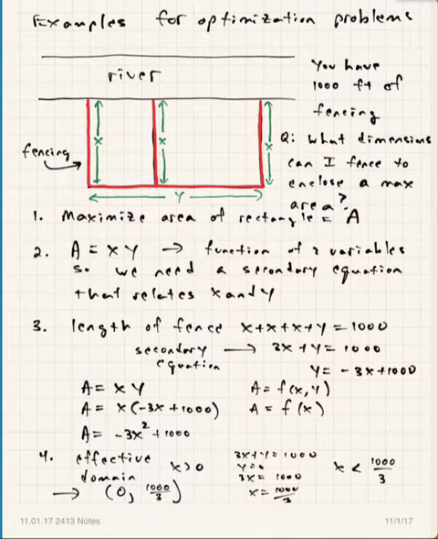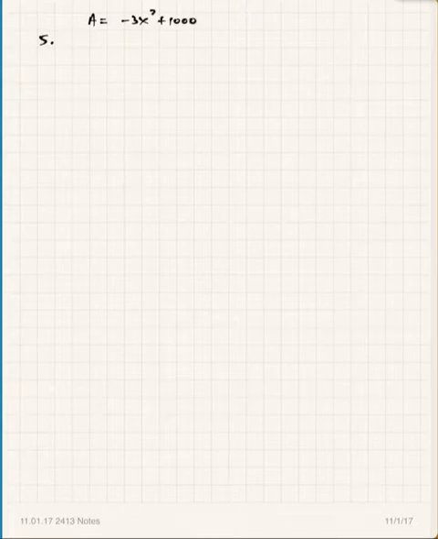And now, remember, we're numbering these as we go along. We've got the restrictions, and so number 5 is we're going to find the derivative for this function and find the critical numbers. So we know that A is equal to negative 3x squared plus 1,000x. And so A prime would be equal to negative 6x plus 1,000.